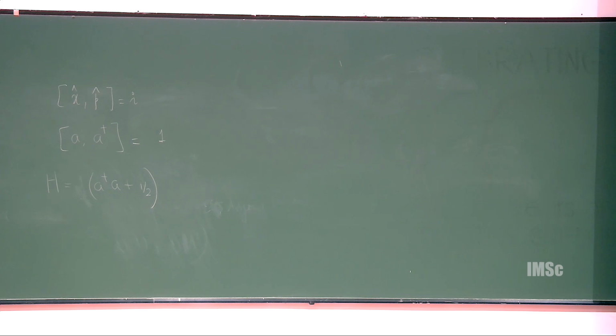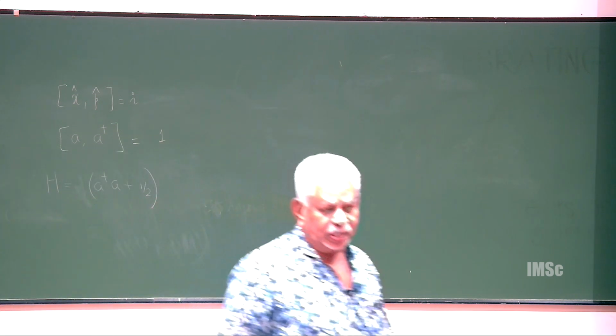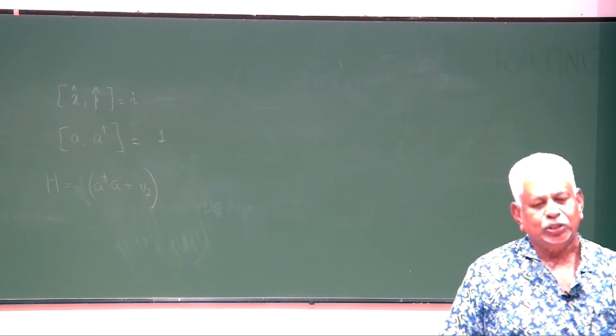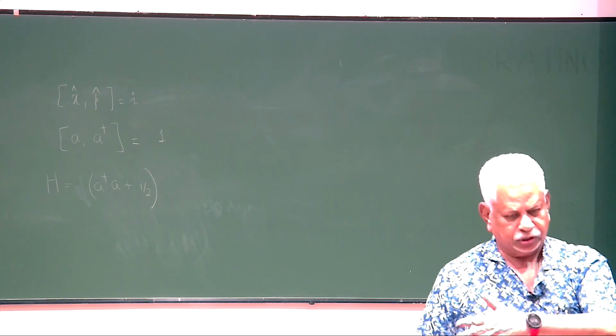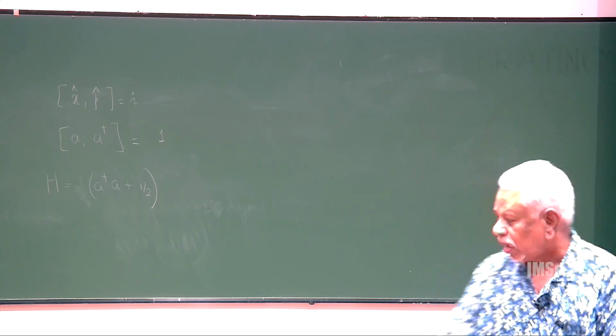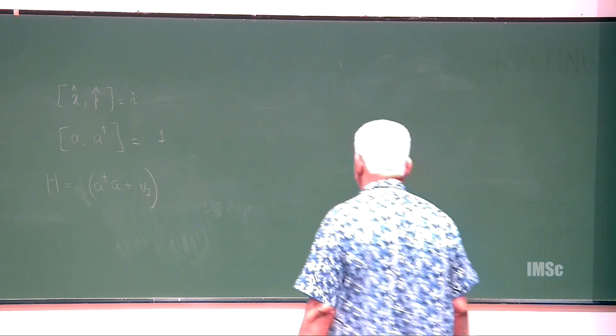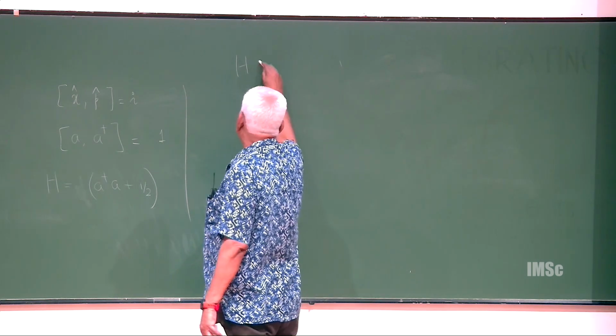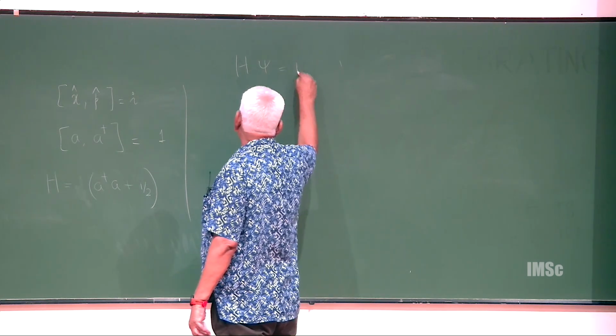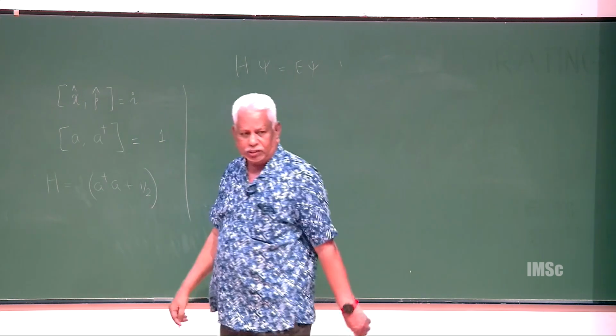As simple as that. So instead of the operators x hat, p hat and the Hamiltonian, I have made it into A, A dagger, and H, which is A dagger A plus half. So this is what the operator is, and I want to find the solutions of H psi equal to E psi.